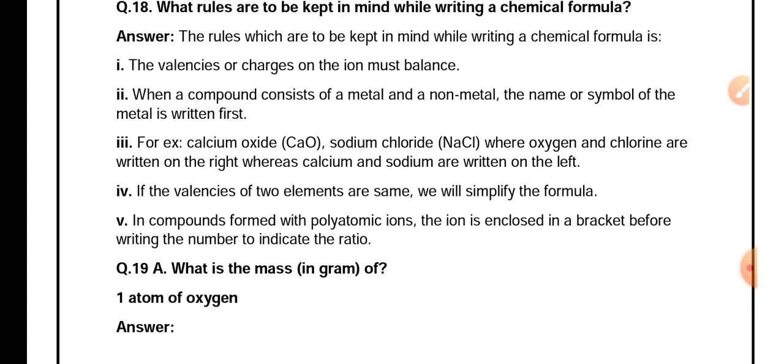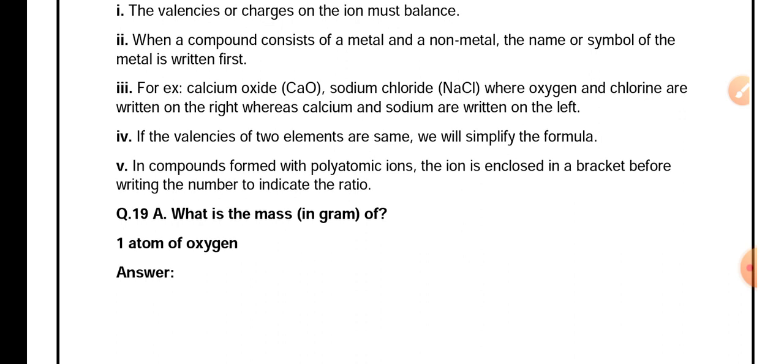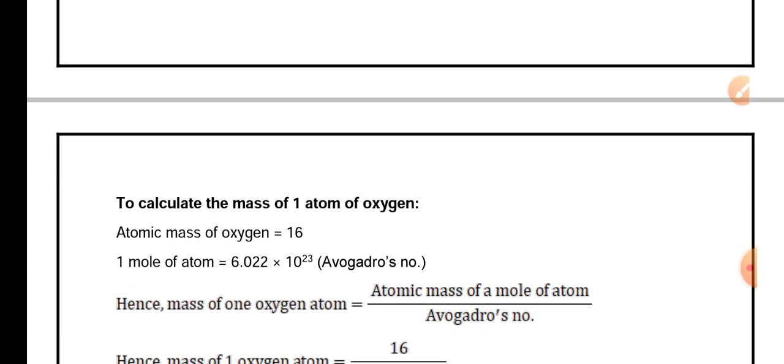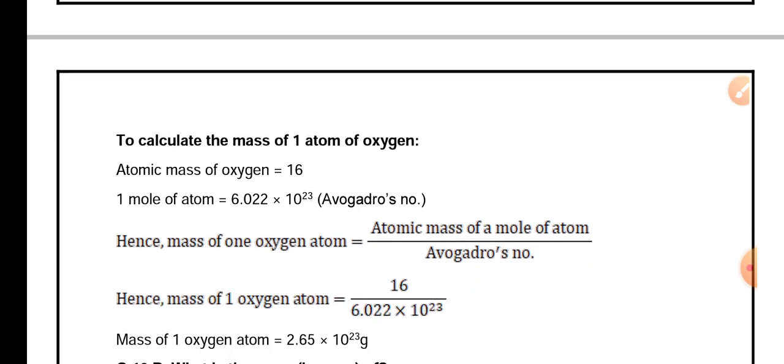What is the mass in grams of one atom of oxygen? To calculate the mass of one atom of oxygen, the atomic mass of oxygen is 16. 1 mole of atoms is 6.022 into 10 to the power of 23, the Avogadro number.